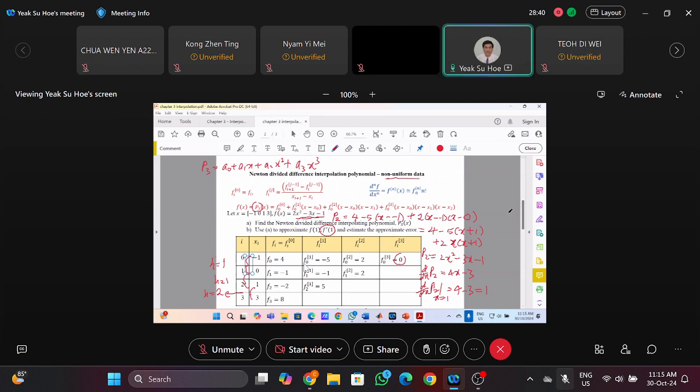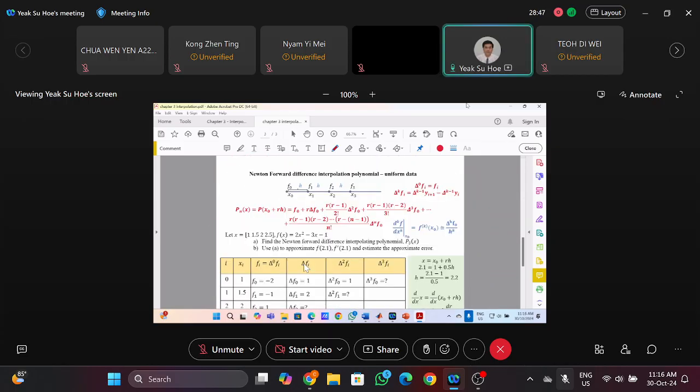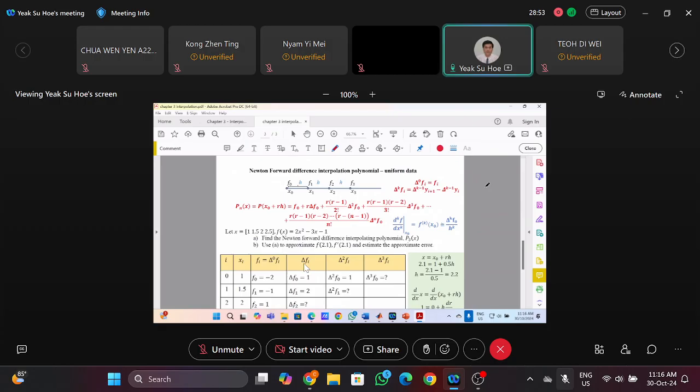So this is the Newton divided difference. Now we move to the third method, that is Newton forward difference. It is slightly similar to Newton divided, but this data is uniform.